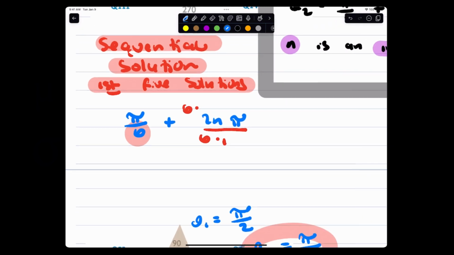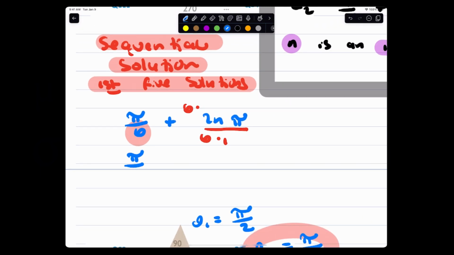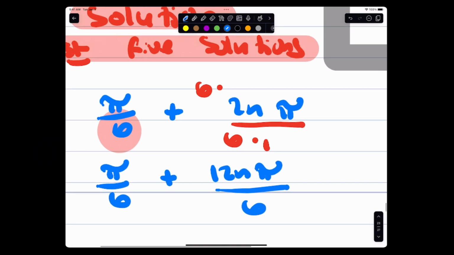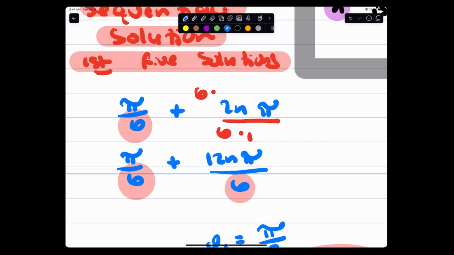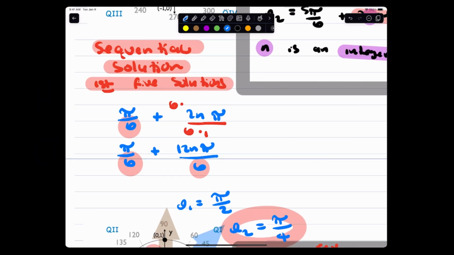And now you end up with pi over 6 plus 12n pi over 6. So what is pi over 6 plus 12n pi over 6? What do you got? Well, be careful here. It's not 13 pi over 6. You get what? Pi plus what? 12n pi over what? 6?